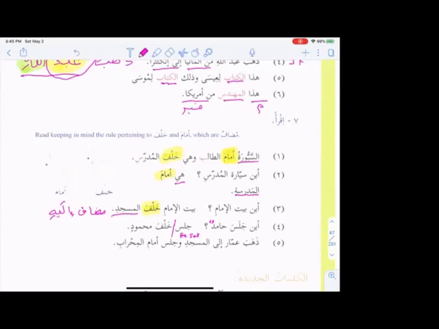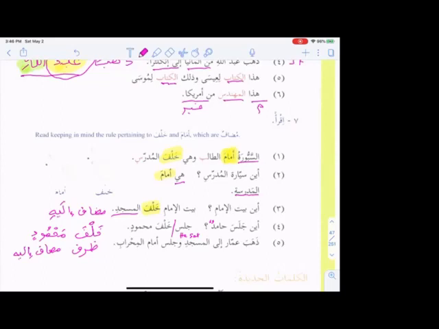Khalfa is just zarf, nothing more than zarf. That's it, no more description. And what is Mahmudin? That is a mudaf ilayhi. So I'll write down here. This is the way it should be. Khalfa zarf, Mahmudin mudaf ilayhi, inshallah.